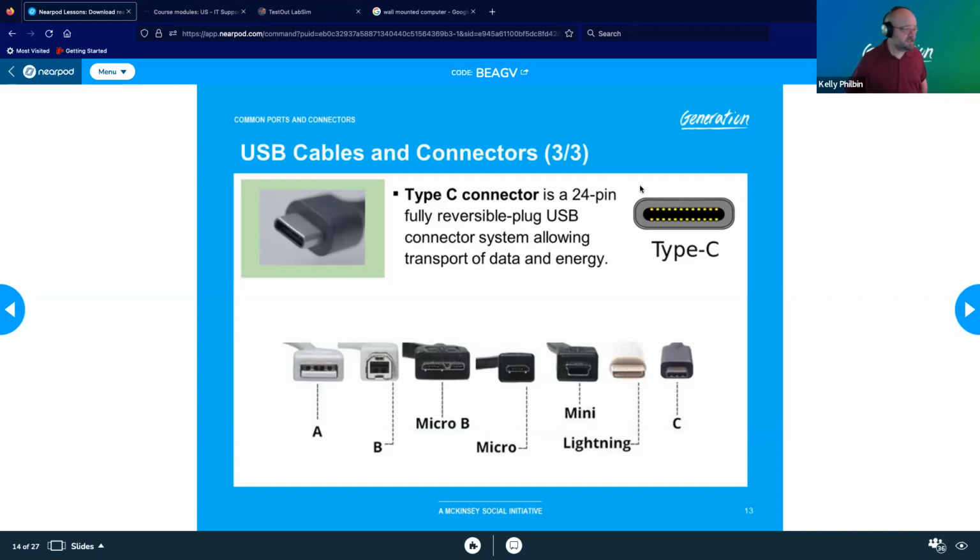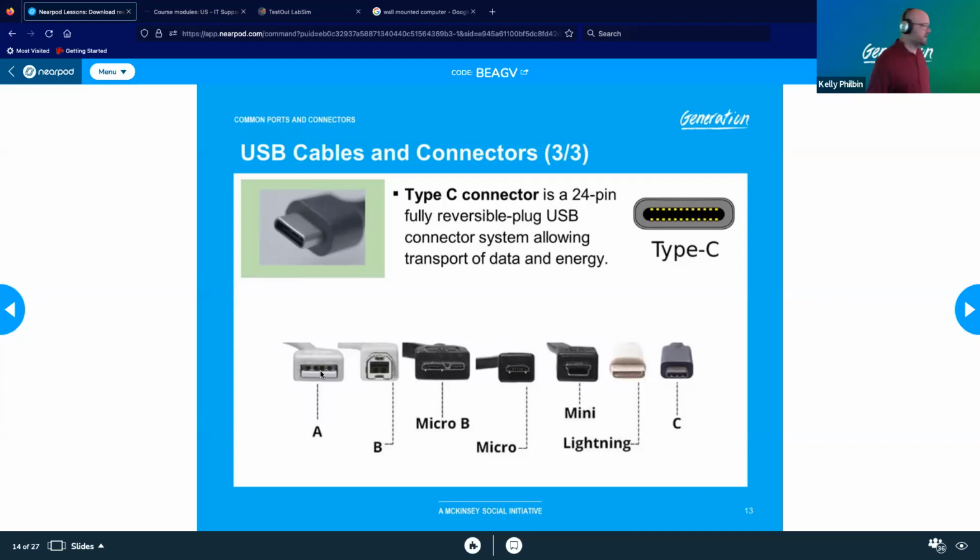Type C is, like I said, becoming the industry standard. One of the things that makes it unique among all the other USBs, not so with the Lightning, but the other USBs, is that it's a reversible plug. So it can go in either way. Where the USB has this little plastic tab down here that has the wires on it, it can only go in one way.